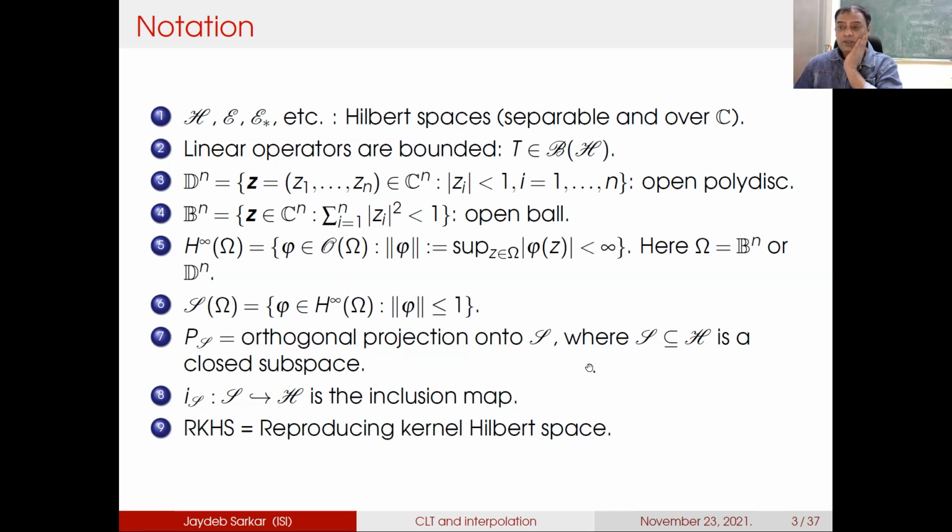P sub S, whenever S is a closed subspace of a Hilbert space H, will denote orthogonal projection onto S. And I sub S is the inclusion. As usual, S is a closed subspace of H. And RKHS will be the short notation for reproducing kernel Hilbert spaces.